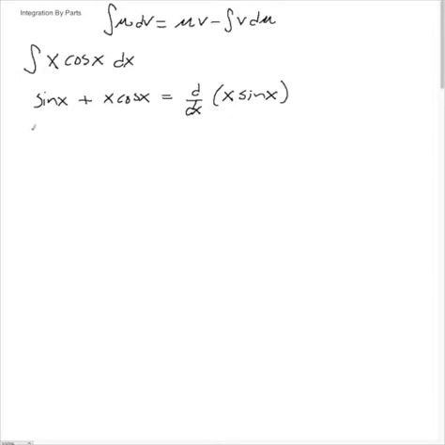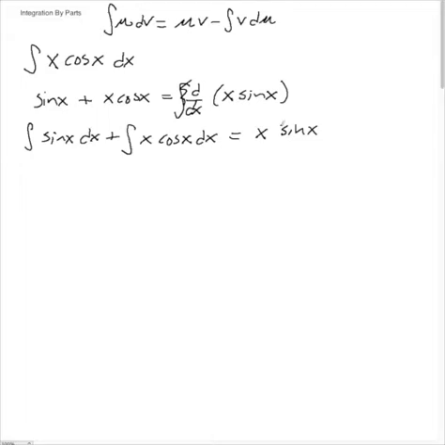We get this. The integral of sine x dx plus the integral of x cosine x dx is equal to x sine x. Having taken the integral of that, it undoes one another. So we have this.